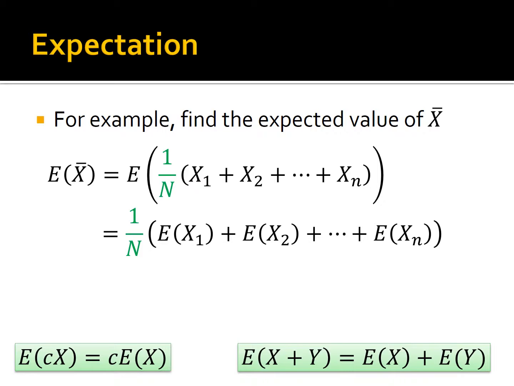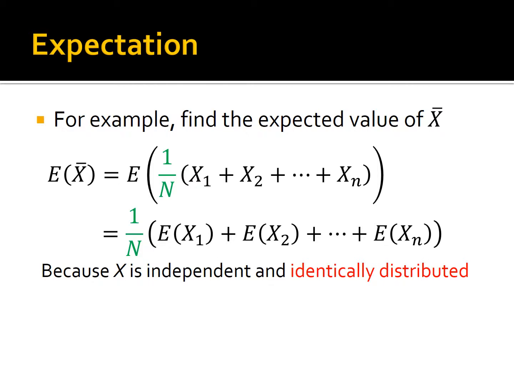But we know in advance that x is independent and identically distributed. So x1, x2 until xn come from the same distribution called x. So then we can just put it as E of x, and then we get n times E of x. Then we know that the expected value of x bar is equal to the expected value of x, right?